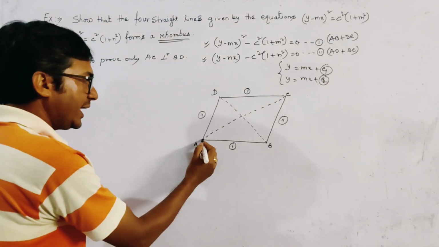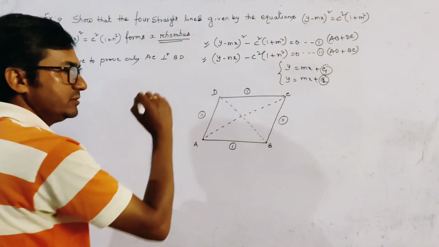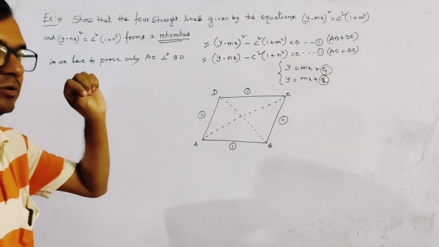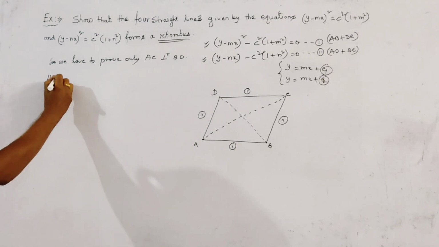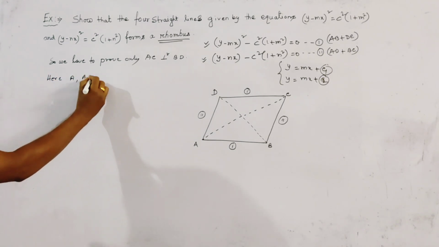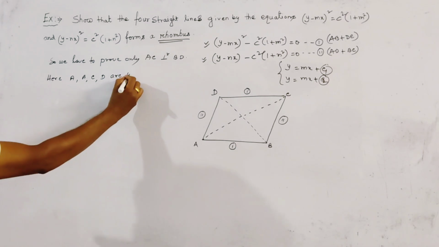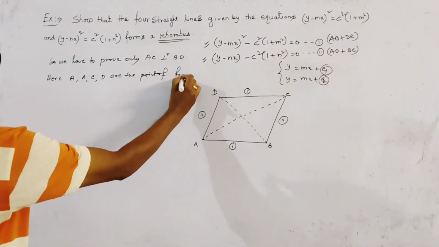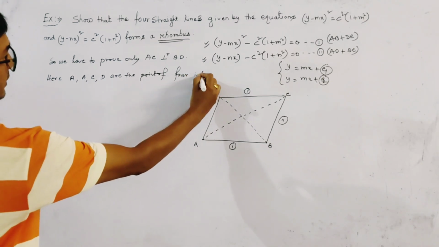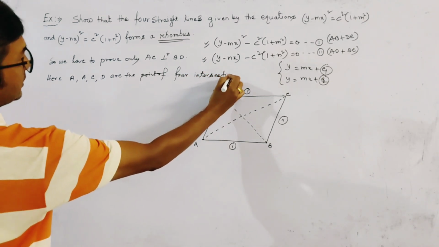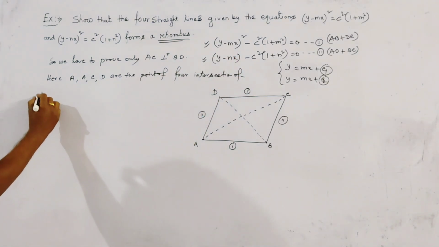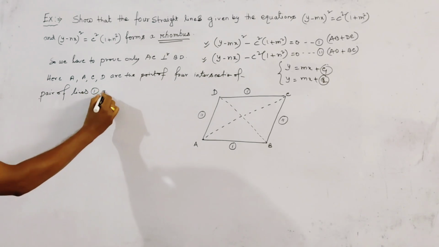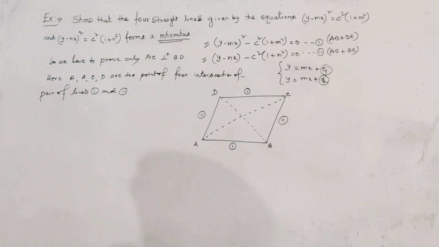Now A, B, C, D are the four points of intersection of the pair of lines 1 and 2.